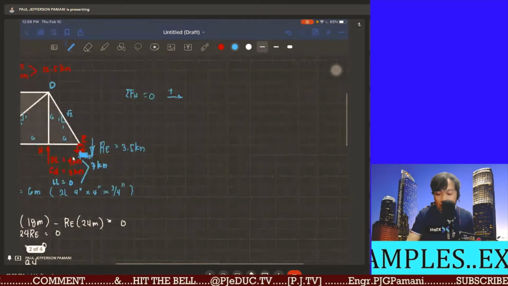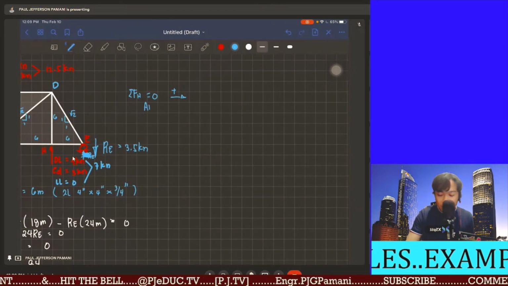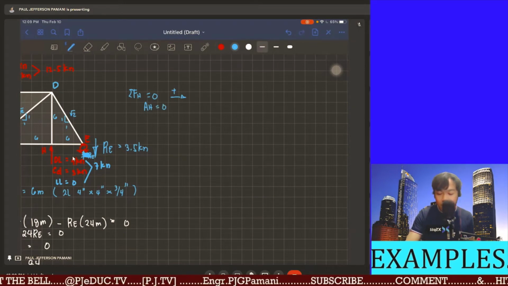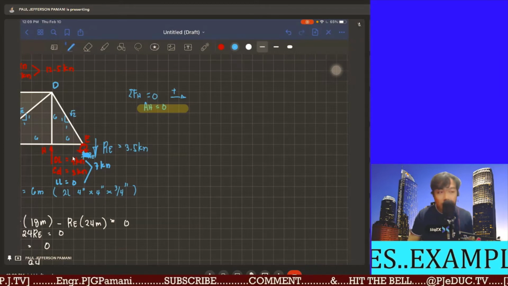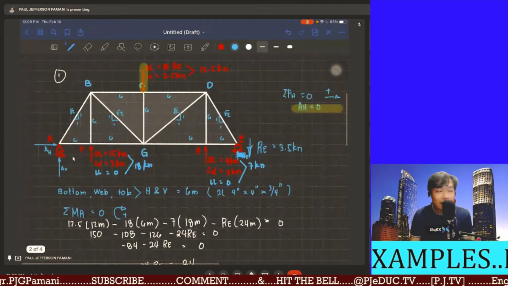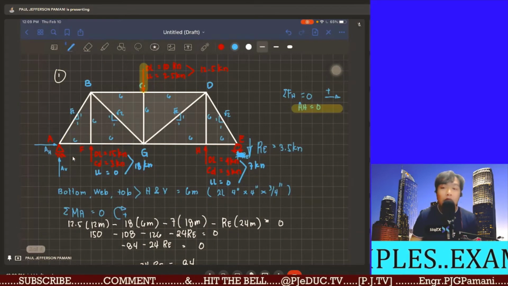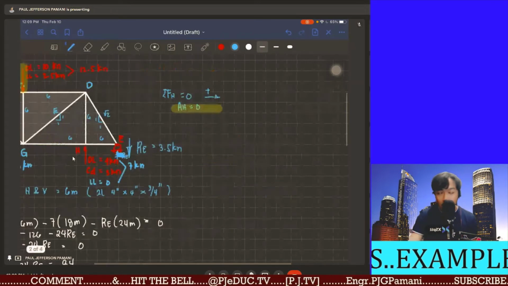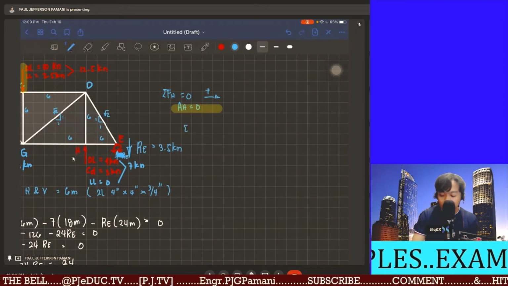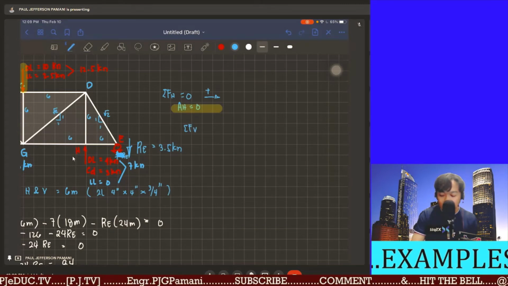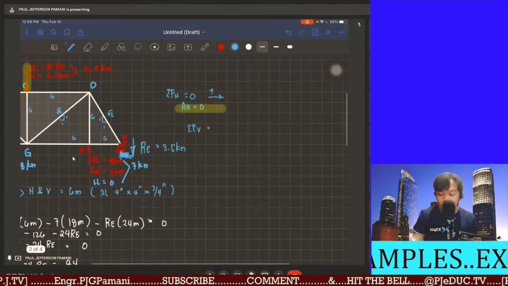So basically, AH is simply equal to 0. And of course, all of the applied forces within the truss system act only at the vertical axis. So, how are we going to do that? Solve the vertical reaction at the hinge support.